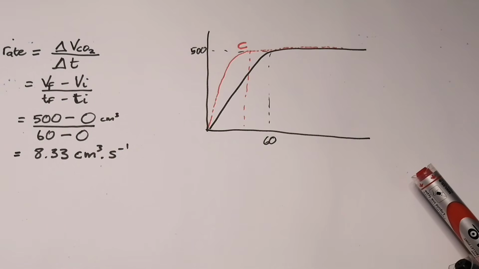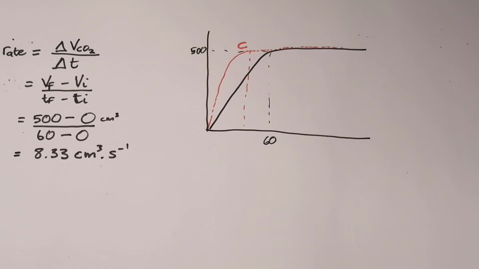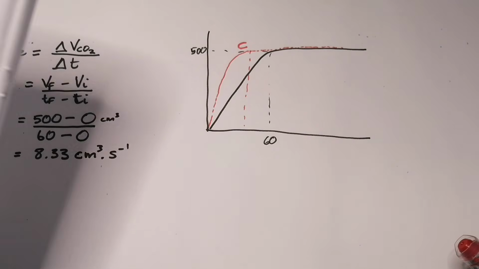And we explained it earlier, right? We said in this case, the greater the state of division, or the more finely ground it is, the more collisions take place per second, and that will result in the rate of reaction increasing.